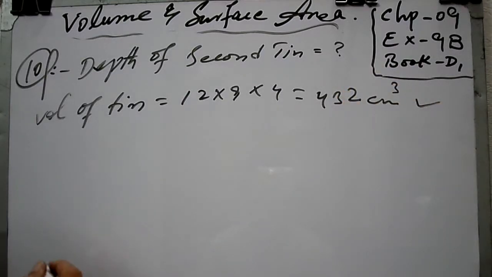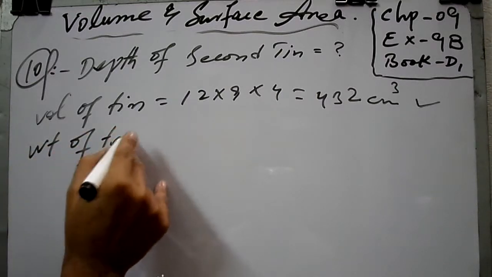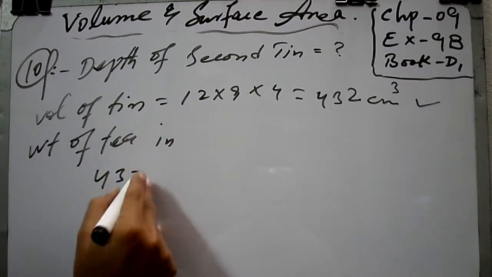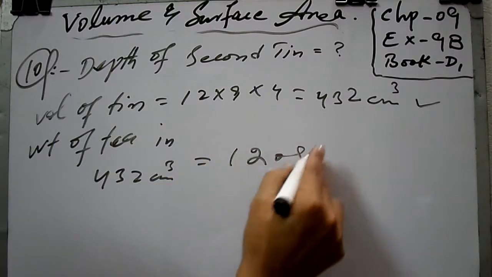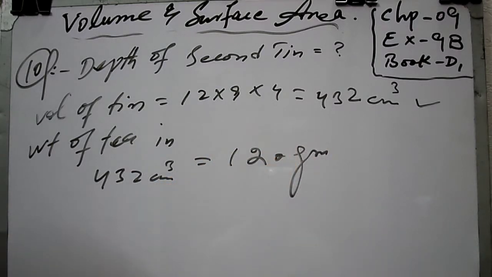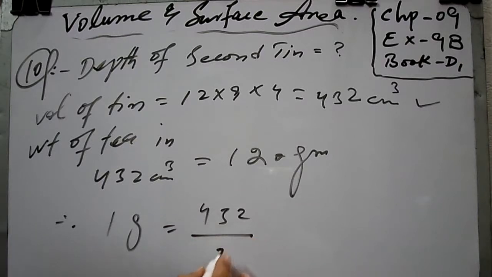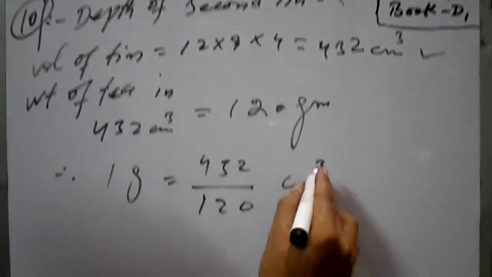So weight of tea: 432 centimeter cube will be equal to 120 gram. Therefore 1 gram is equal to 432 by 120 centimeter cube.